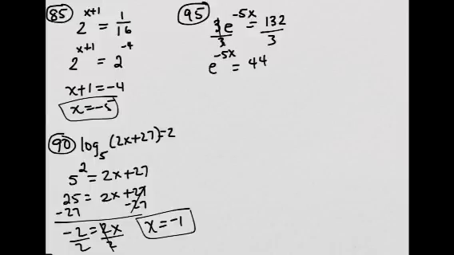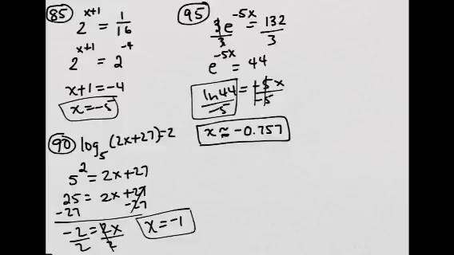So I have to solve it either by taking the log of both sides or by just switching the form from exponential to logarithmic, and that's what I usually do. So this is natural log of 44 equals the exponent. Solve for x. So this would be the exact value right here, but then they want you to give the rounded answer, right? So when you put that into the calculator, you get negative 0.757 when you round it to 3 decimal places.